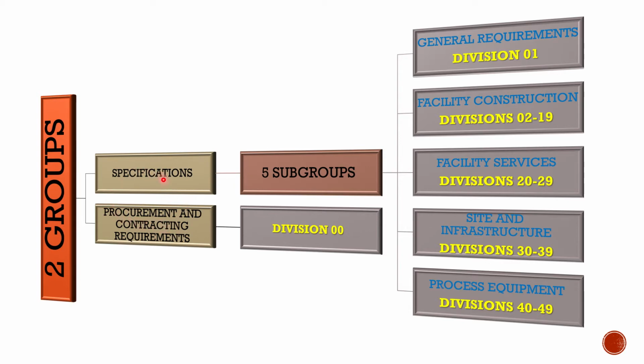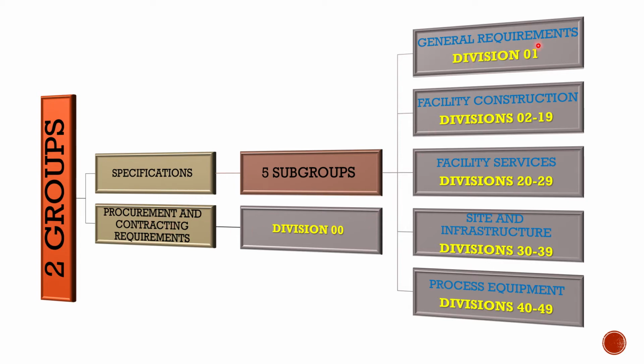The second group is the specifications that actually construct the project. Within those specifications, you have 5 subgroups. The first one is Division 1, general requirements. Division 00, the contracting requirements, is kind of like the accounting stuff, costs and so on.